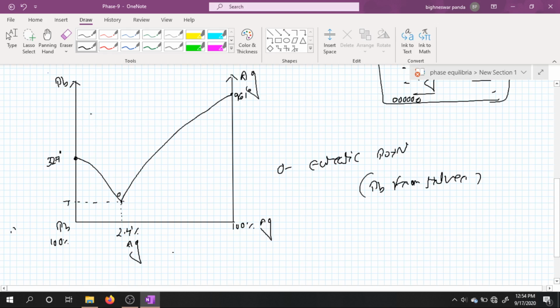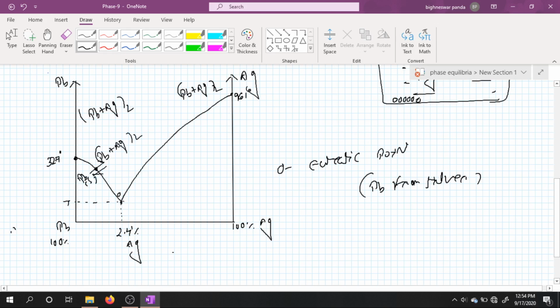This region contains lead plus silver liquid. This point represents lead plus silver liquid in equilibrium with lead solid.